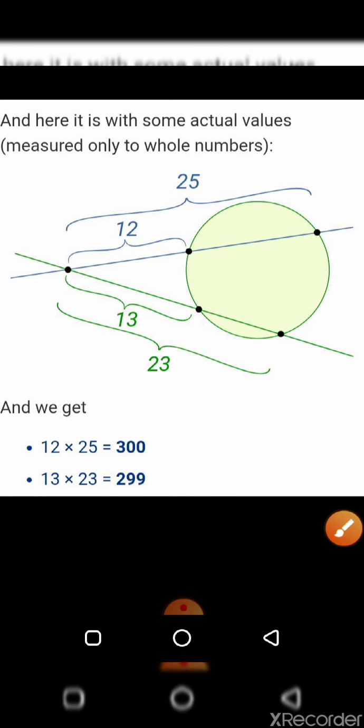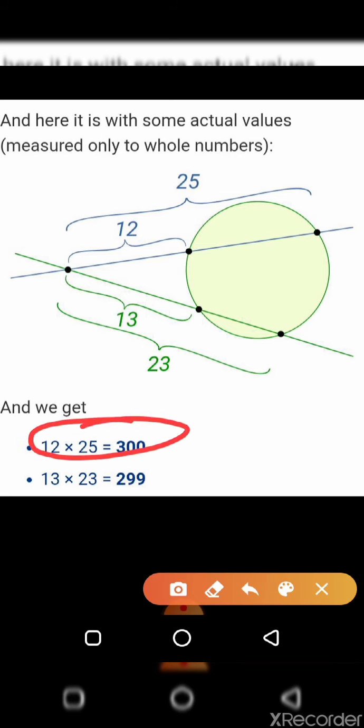And if you do the math, you will see that 12 times 25 is 300, and 13 times 23 is 299. So you can see that there is not much difference between 299 and 300. So definitely this theorem is appropriate.